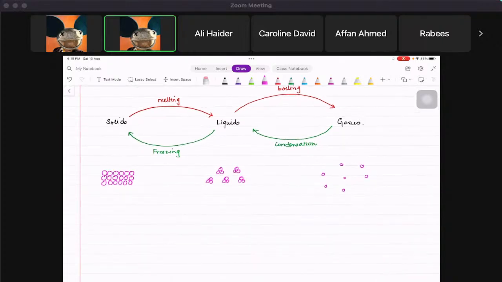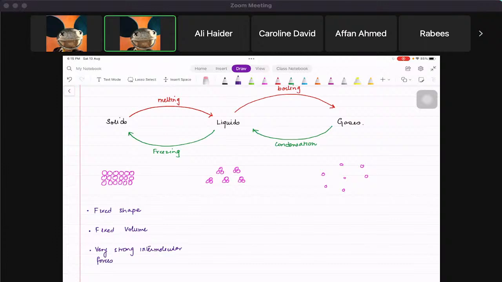Now we need to learn their properties. For that reason, we need to see that solids have a fixed shape. Also, they have fixed volume. Now, they have very strong intermolecular forces between them.